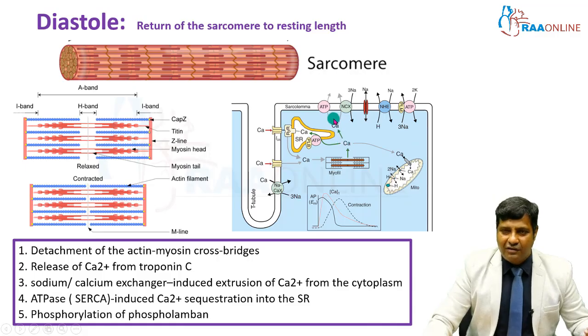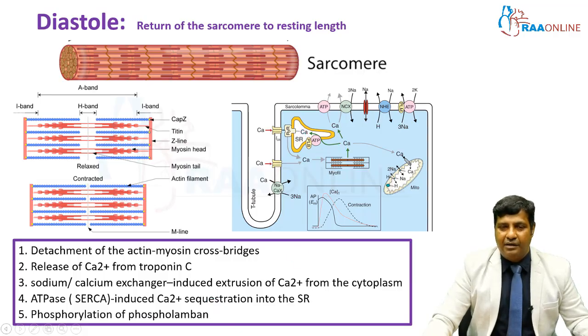For this intracellular calcium level to come down, many steps take place. To start with, calcium should get released from the troponin C, and there is going to be extrusion of calcium through the sodium calcium pump, as well as calcium sequestration into the sarcoplasmic reticulum by SERCA, that is the calcium ATPase pump. And all these steps start with phosphorylation of the phospholamban.